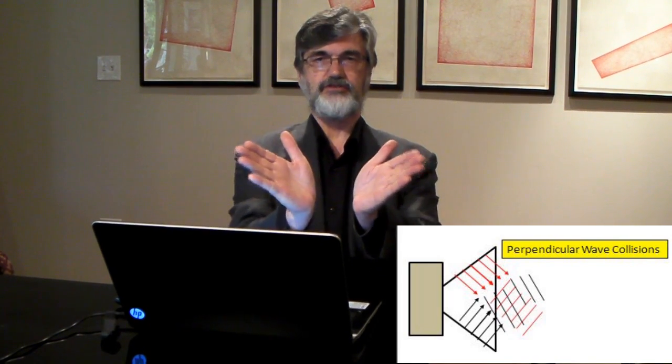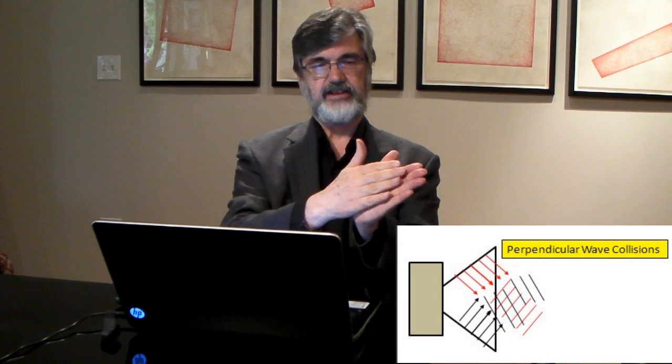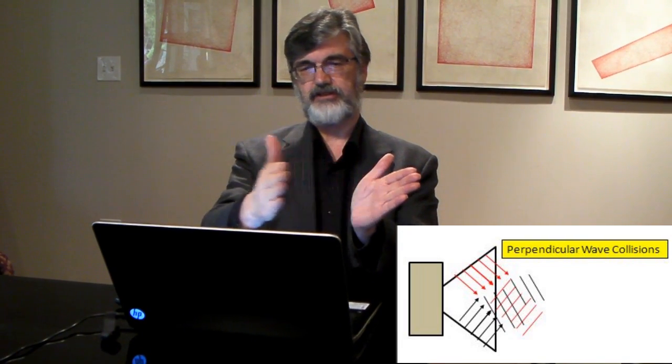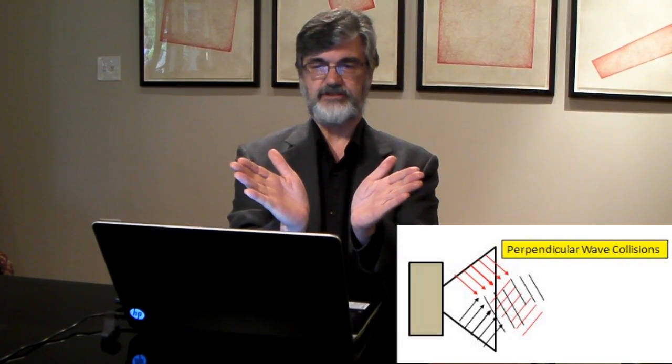So even though the cone is moving in this direction, it's actually pushing compression waves off at a right angle to the surfaces. And since these surfaces are facing each other, what happens is the waves emitted from this side and this side, which is all what you want to hear, actually collide in the center of the cone. This is what we call perpendicular wave collisions.